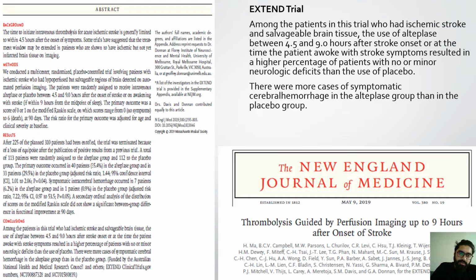The primary outcome occurred in 35% of patients in the alteplase group and in 29% of patients in the placebo group. So this difference was also statistically significant, 35 as opposed to 29.5.